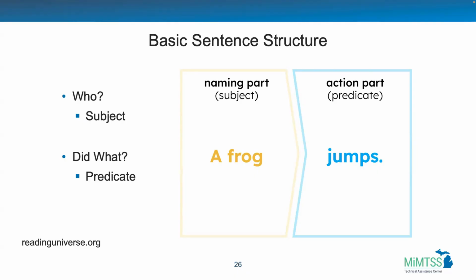So every simple, complete sentence has two parts: a naming part, which is our subject, and an action part, which is the predicate. Sometimes I call this the who and the do. So when we are beginning to teach students how to write connected text, we start with these two basic parts of a sentence.